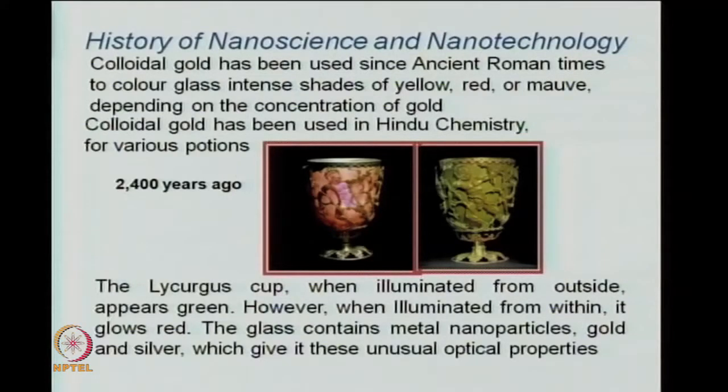In ancient Roman times, they used to make particles of cobalt, silver, etc. in solutions and used to mix it to form glasses which had color, and this was known for nearly 2500 years back. People have made such colored glasses.